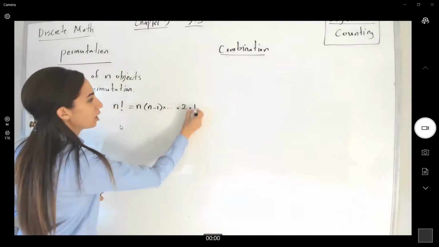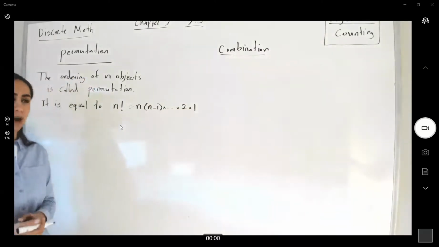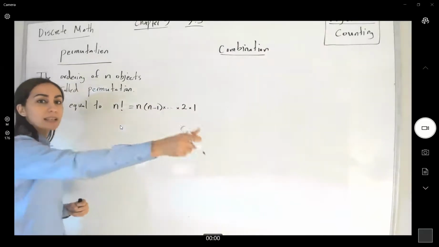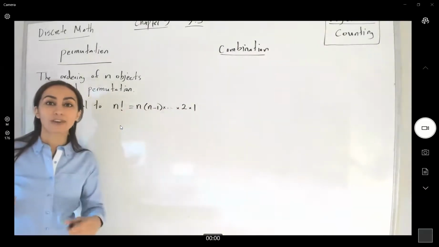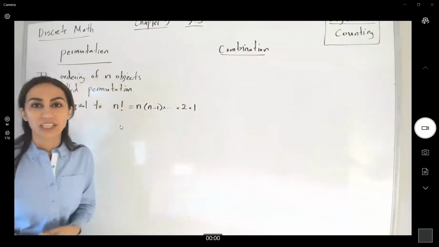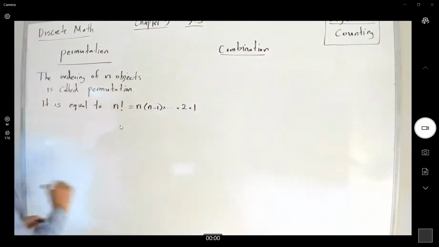Now I expect you to ask, what if I have n objects and I'm selecting r objects out of those n objects and I want to put those r objects in order?